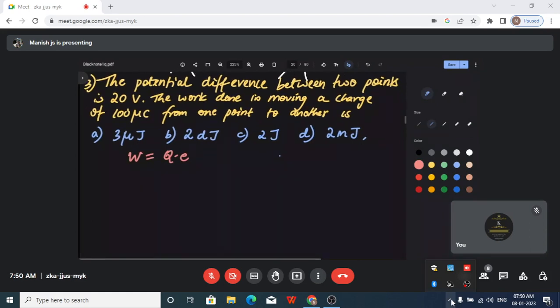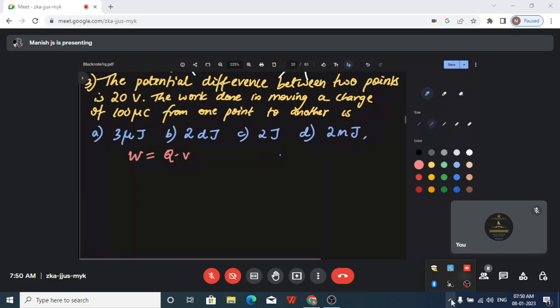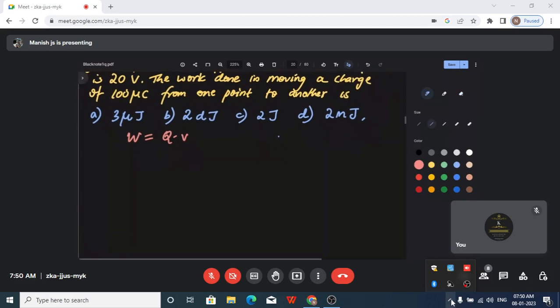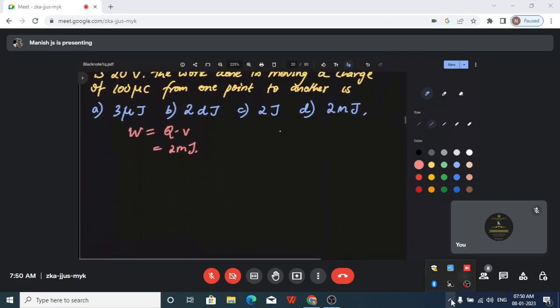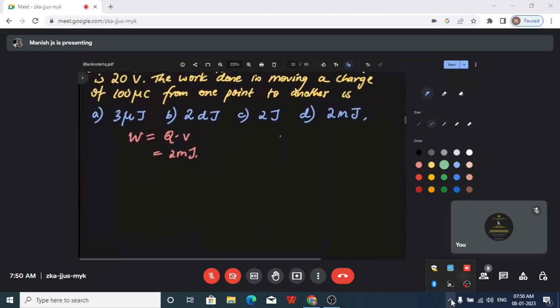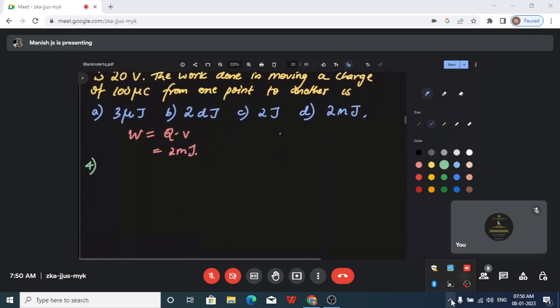W is equal to Q into V, right? You go for a cross multiplication and you get 2 millijoules. Perfect. Yes, so this is how you do this question. Okay, next question.